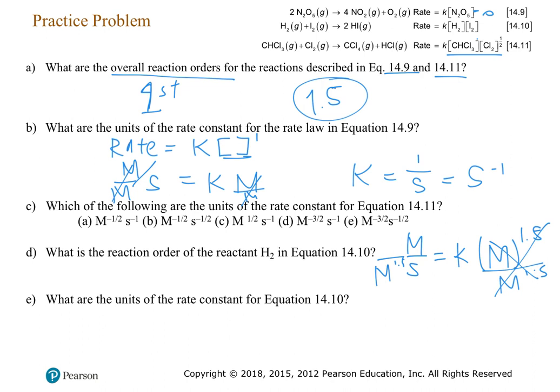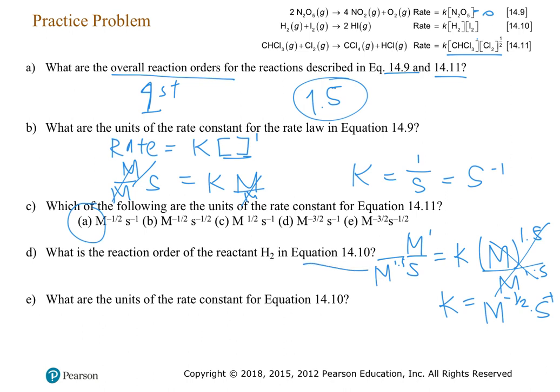So for the K constant, when we divide exponents, we subtract the exponents. So we get molar to the -1/2 times second to the 1/2. And so that gives us A.